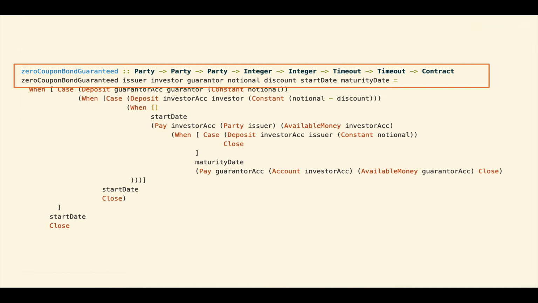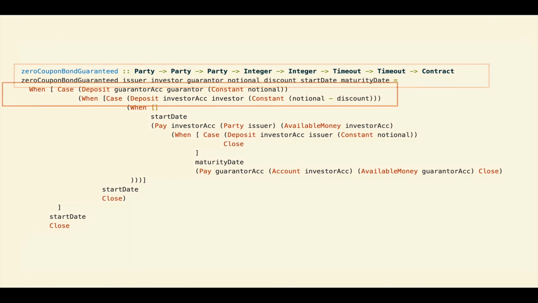Now let's see what the contract actually does. What we do to start with, we have a when construct with a single case in it. What we're doing here is we're waiting, first of all, for the guarantor to deposit in the contract the notional amount. And when that happens, we wait for the investor to deposit in the contract the notional amount minus the discount.